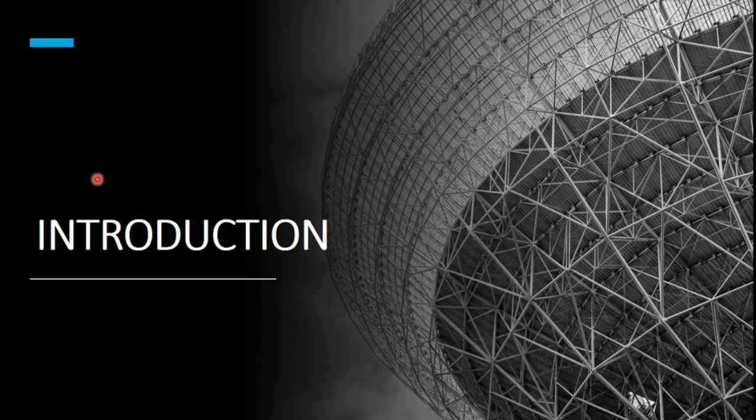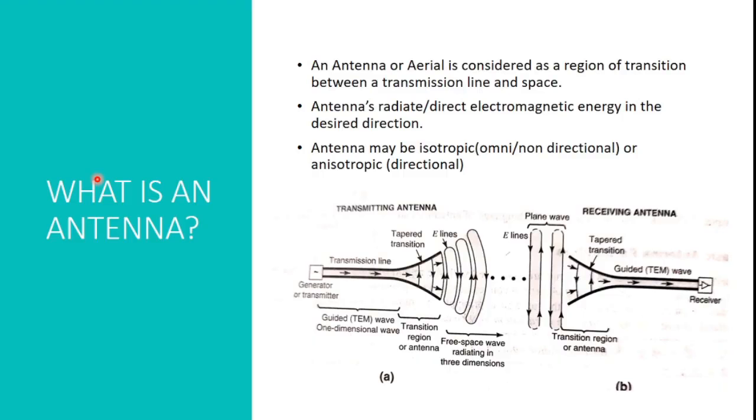So let us first start by defining what the term antenna means. You can see here the basic definition of an antenna. An antenna or aerial is considered a region of transition between a transmission line and space. In the previous semester, we studied the subject Transmission Lines and RF Systems.